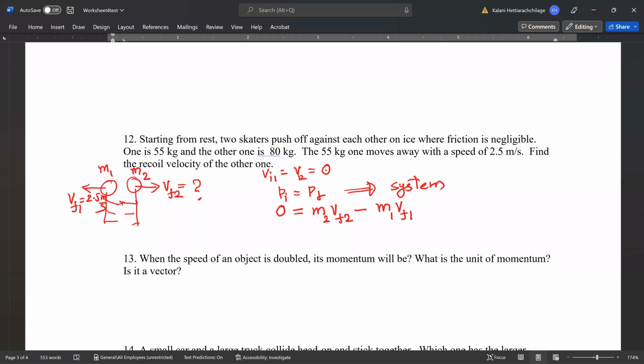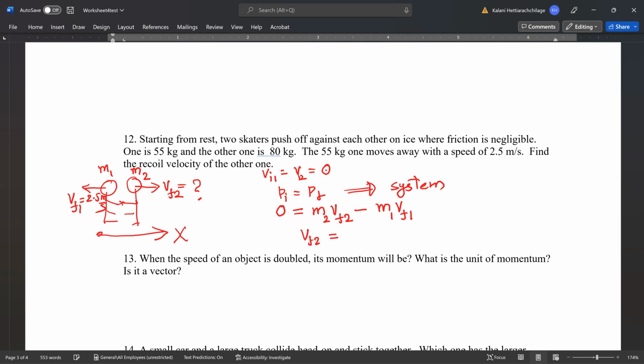Now, why do I have a negative in there? It's very important. The reason is that I need to work with direction. In my x direction, V final 2 is the positive direction, but V final 1 is the negative direction because the first person has the negative momentum. Now we need to find V final 2.